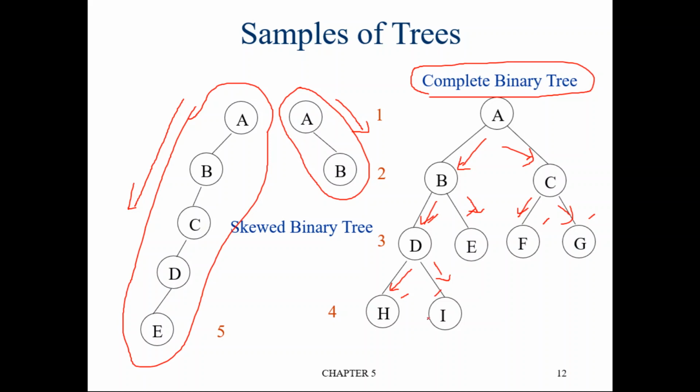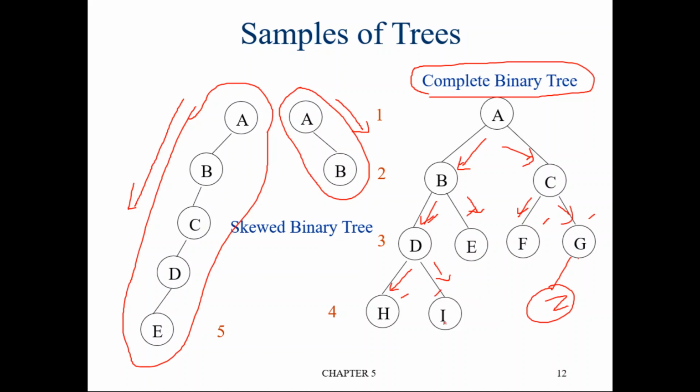Okay, for example, say for G, now I am adding a left child Z. Now if this Z is added, then this is not a complete binary tree. Why?